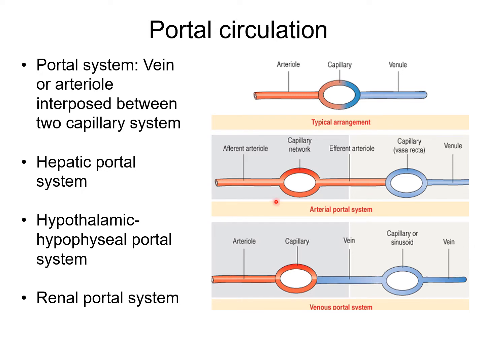In portal system, there are two sets of capillaries. In the hepatic portal system, one set is present in the intestine, the other set is present in the liver. In the renal portal system, one set is present in the glomerulus, the other set is present in the collecting tubules.